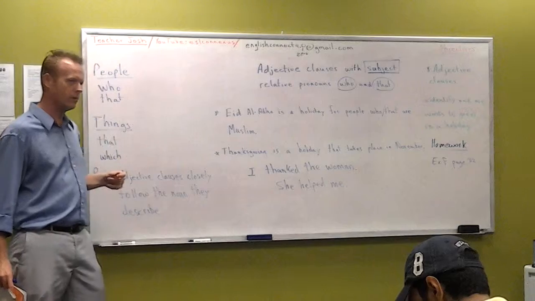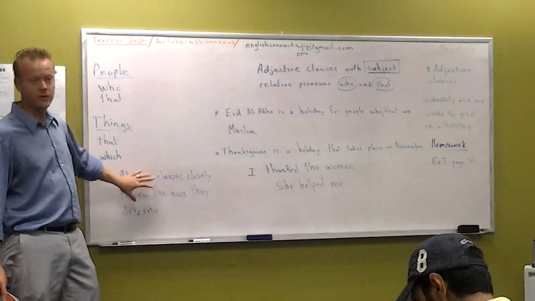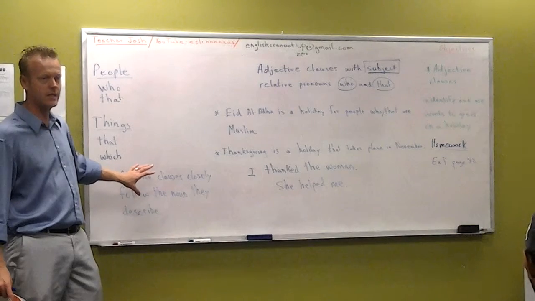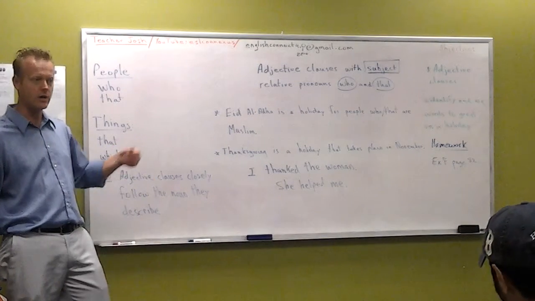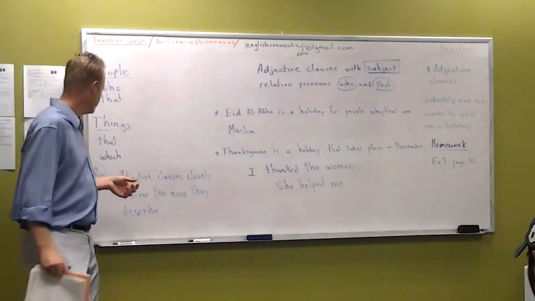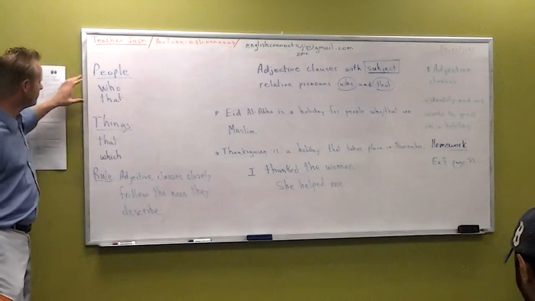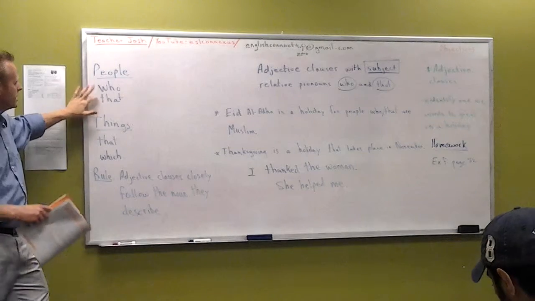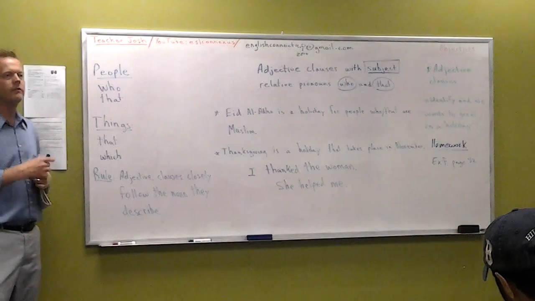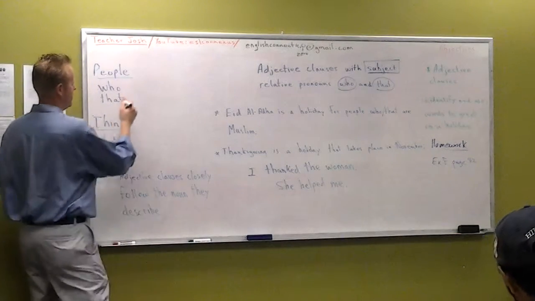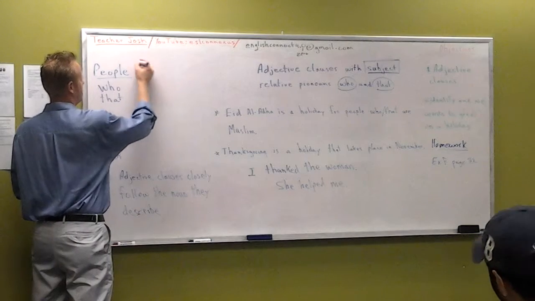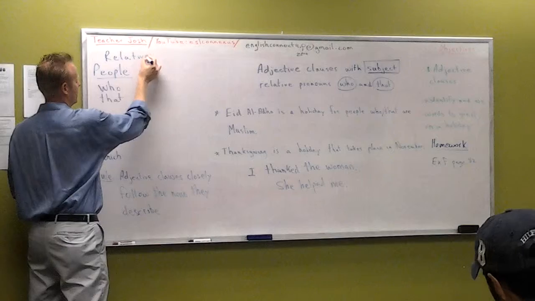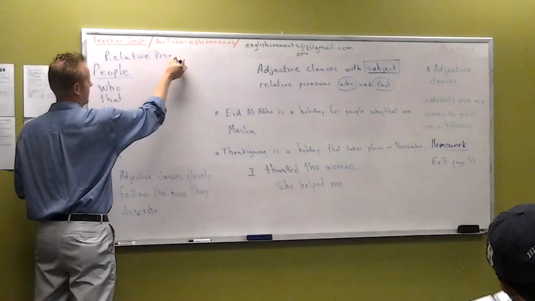So, that's one rule. Good. And that's a nice rule. They're easy to find, and it's easy to know where they go, because they always follow the noun that they are talking about. Okay? Also, you'll notice we call these words relative pronouns.